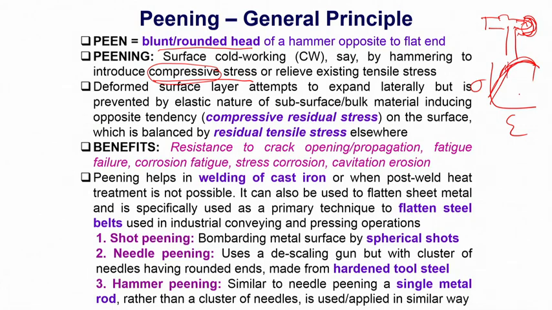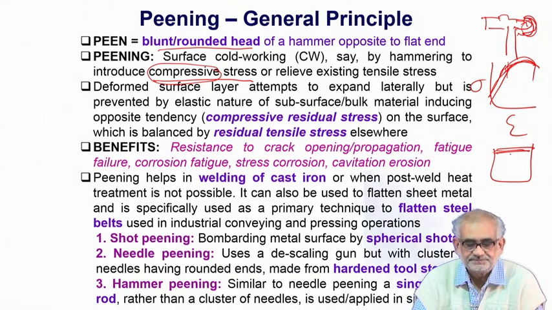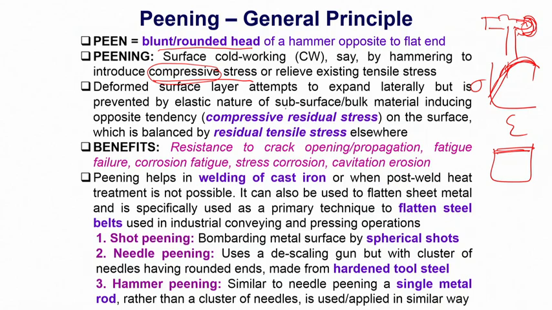But this deformation zone, as I said, is very limited from the surface. So, if this is the bulk, we are talking about way less than a millimeter, maybe only a few micrometer depth of deformed layer. So, this deformed layer is limited to what is known as the subsurface region. The bulk may actually develop residual tensile stress, but the surface will develop residual compressive stress.